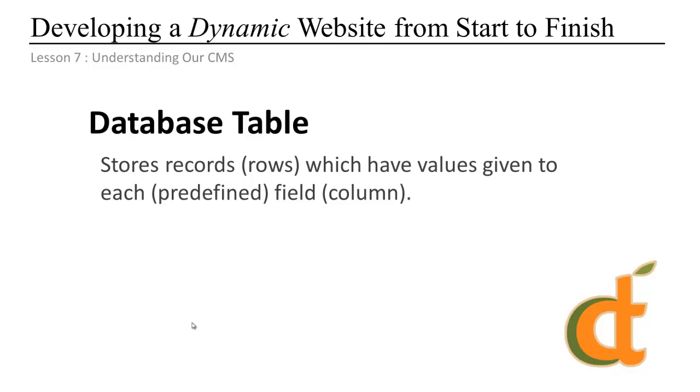And if you want to think about it in terms of like a spreadsheet, which is where I think the column term comes from, you would have something like a first name column, last name column, street address, etc., etc., and then you fill in the rows, or you fill in the data within those rows, and each one of those rows becomes what we call a record.